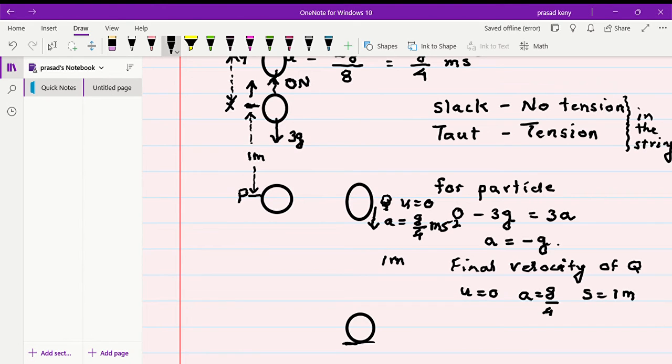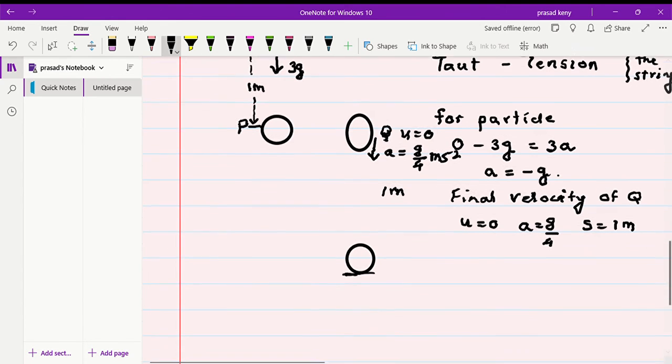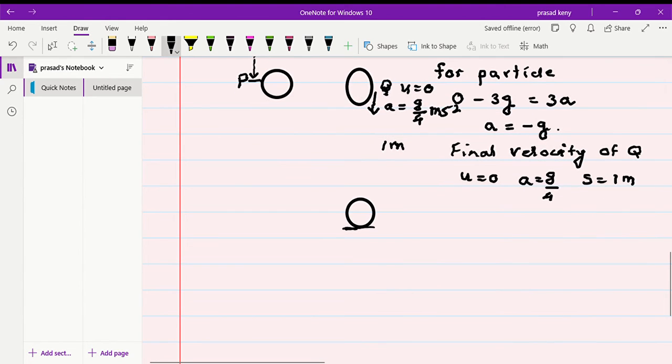So let us use the SUVAT equation. Why do I use SUVAT equations? Because the acceleration is constant. That is the main condition to use SUVAT equations. So v square is equal to u square plus 2as.